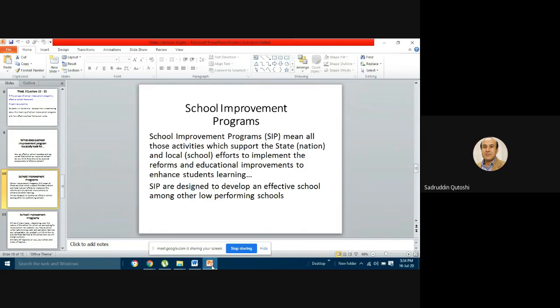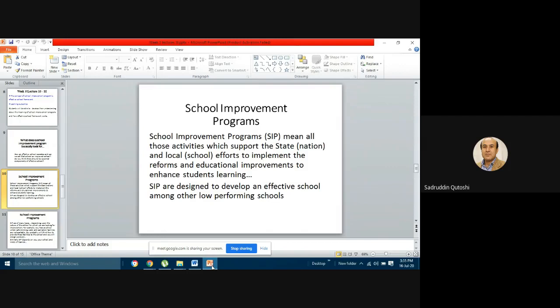These are not specific ones for all, but they vary from school to school, context to context: need-based activities which are required for those individual schools, which need those sets of activities to improve their students' learning outcomes.